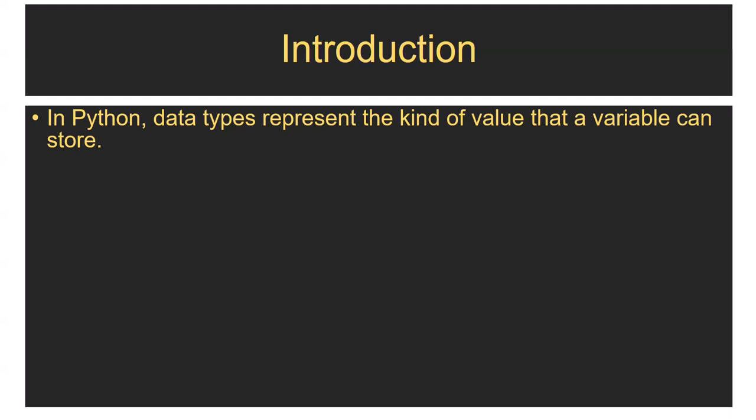A variable may store a data type of numeric type. A variable can hold a data type of text type. A variable can hold a data type of sequence type. So it is the data type which helps us determine what kind of data values a particular variable can hold.